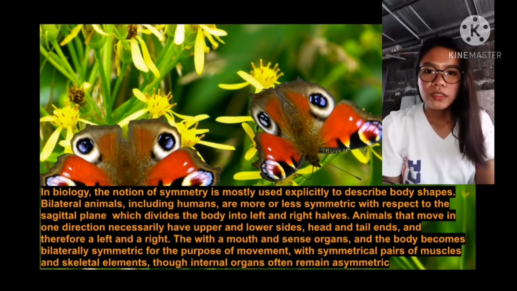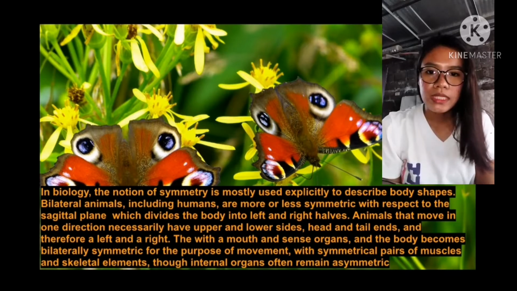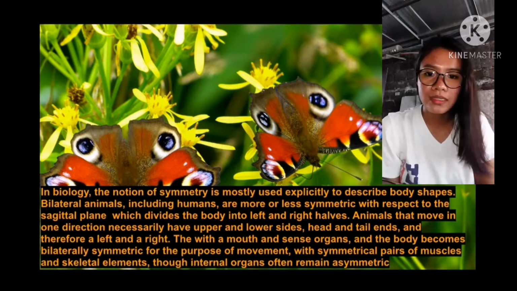In biology, the notion of symmetry is mostly used explicitly to describe body shapes. Bilateral animals, including humans, are more or less symmetric with respect to the sagittal plane, which divides the body into left and right halves. Animals that move in one direction necessarily have upper and lower sides, head and tail ends, and therefore a left and right.